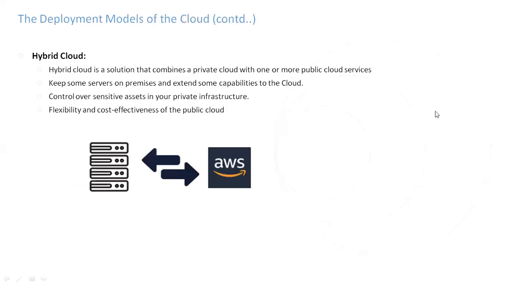Let's understand what a hybrid cloud is. Let's take one example. Suppose we are running the amazon.com website. The amazon.com website needs to be accessed by everyone. Anyone needs to be able to access it. It means you can deploy amazon.com in your public cloud.